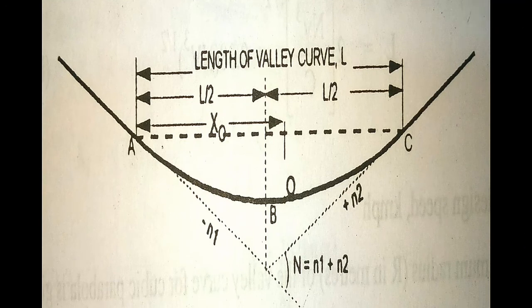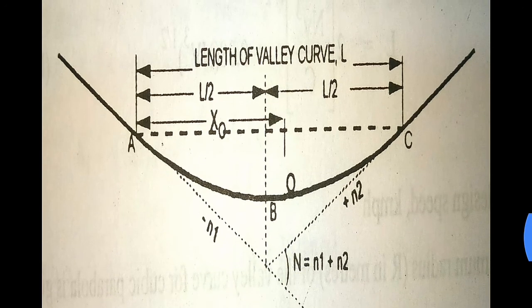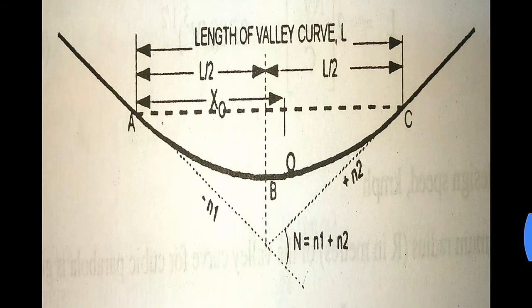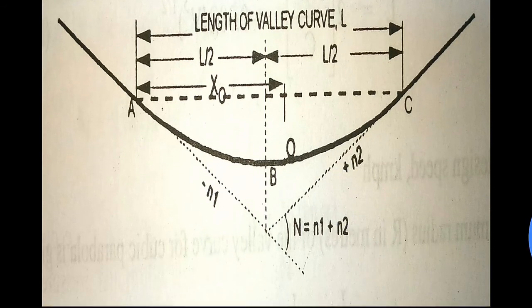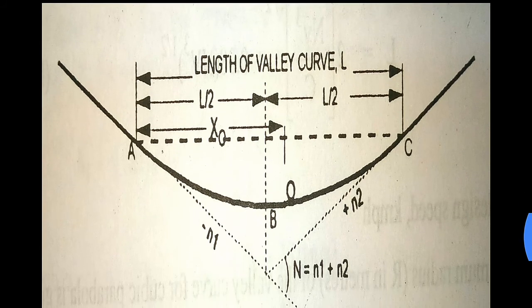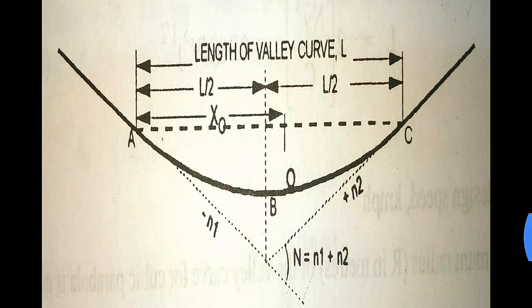Now we look at the vertical valley curve over here. Okay, so this is the smoothened out curve which is provided in order to smoothen our movement. And what sight distance condition do we use here? We use headlight sight distance condition.